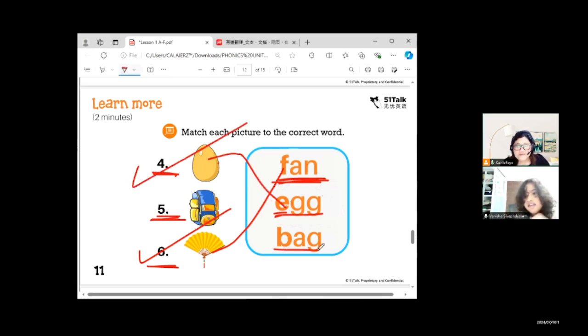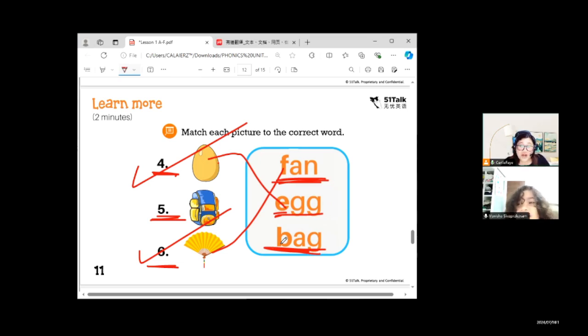How about this one here? It starts with the letter B. What is the word? B, a, B. Bag. Okay, what picture? Picture number? What number, Vanisha?